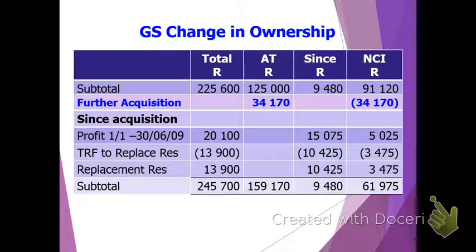So if you look at the profit for the period, the 20,100, 75% of that, 15,075, will be allocated to the SINS column, and only 25% will be allocated to the non-controlling interest. And then we go through the motions, we do our transfer to the replacement reserve and the replacement reserve itself, and then we've done the analysis.